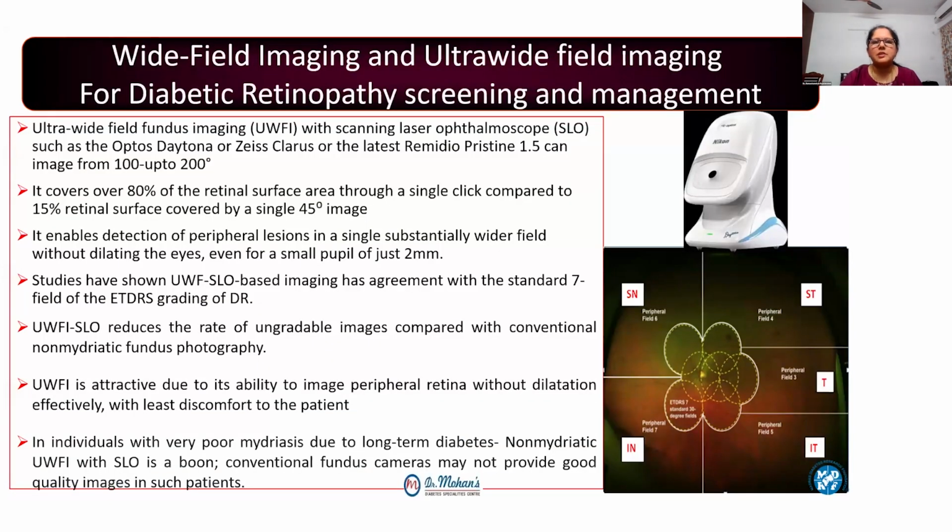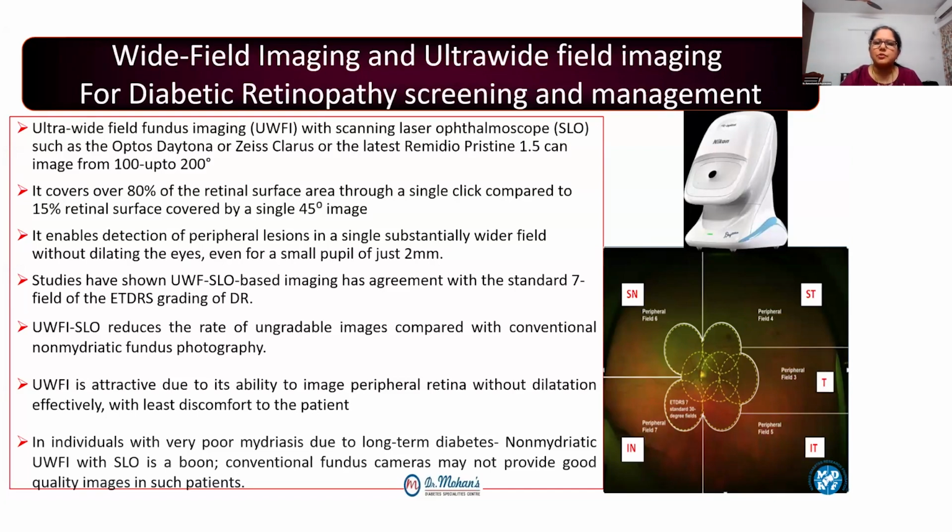Ultra wide field imaging can image up to 100 to 200 degrees. It covers 80% of the surface of the retina in just one click, whereas a normal single field 45-degree or 50-degree image covers only the central 15 degrees.